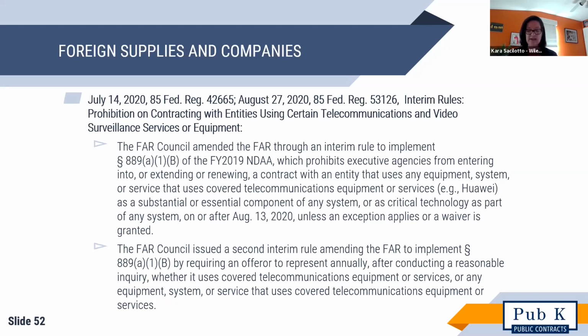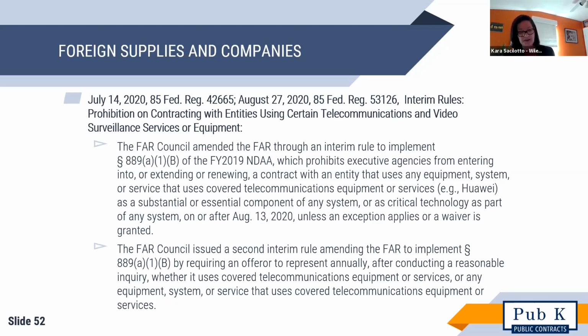And section 889(a)(1)(B) prohibits executive agencies from entering into contracts with an entity that uses any equipment, system, or service that uses covered telecommunications equipment as a substantial or essential component of the system, and you cannot use a system that uses covered equipment.